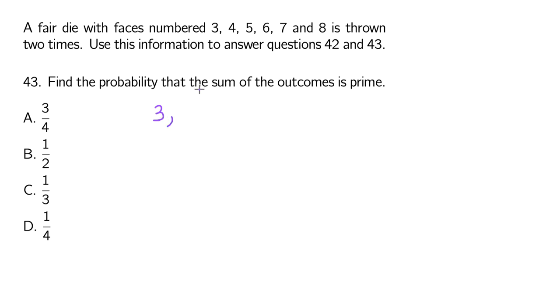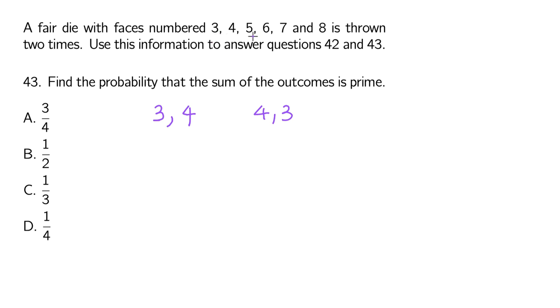Will 3 and 3 give us a prime number? No, 3 and 3 give 6, so that's not possible. What about 3 and 4? 3 and 4 give us 7, which is prime. So this outcome gives us a sum which is prime. So if 3 and 4 work, that means that 4 and 3 also work. What about 3 and 5?